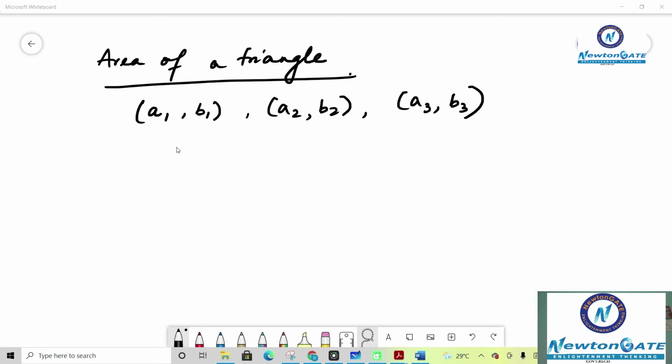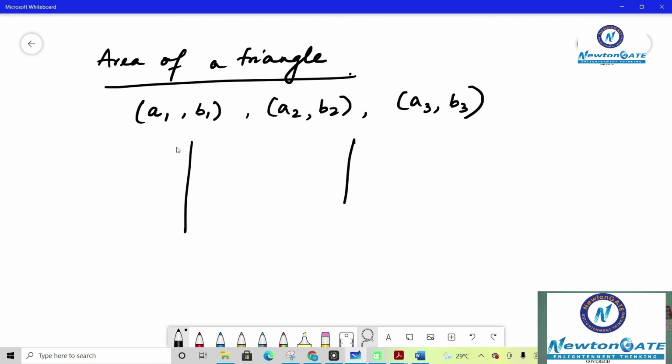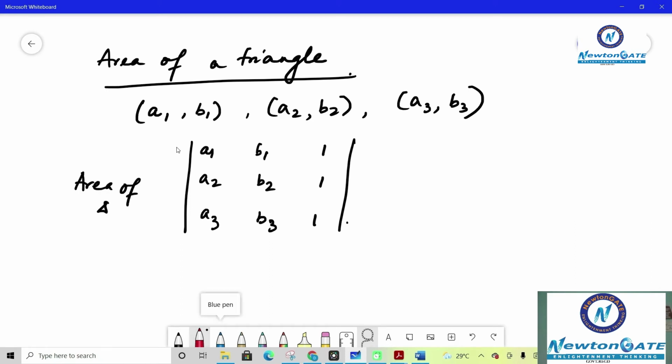So first of all, let us arrange and write it: a1, a2, a3, b1, b2, b3 and 1, 1, 1. This is the area of a triangle. Now let us expand this. We will first expand using the first column. Another important thing for the determinant is that we take the first column signs as plus, minus and plus.